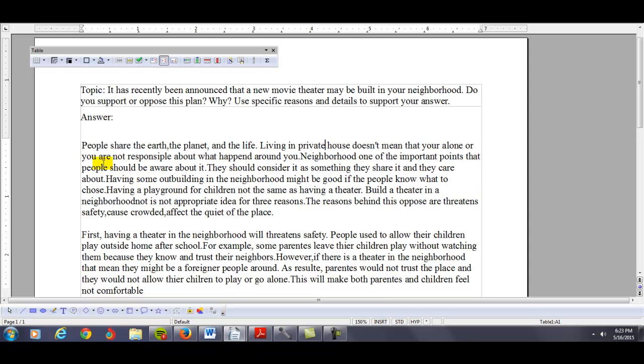So living in a private house doesn't mean that you want to say here, right, you are alone or you're not responsible. Usually when we use the word responsible, you say responsible for what happens around you.